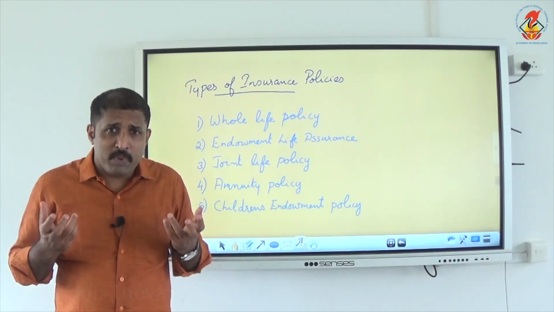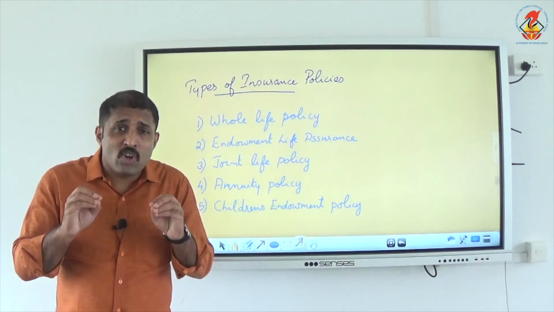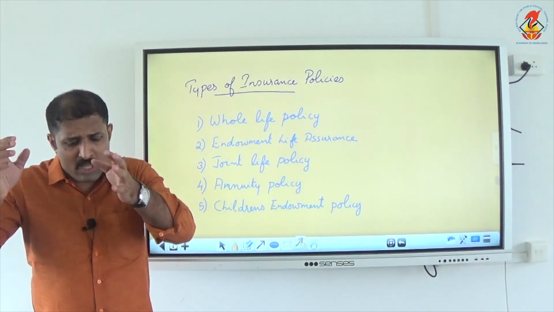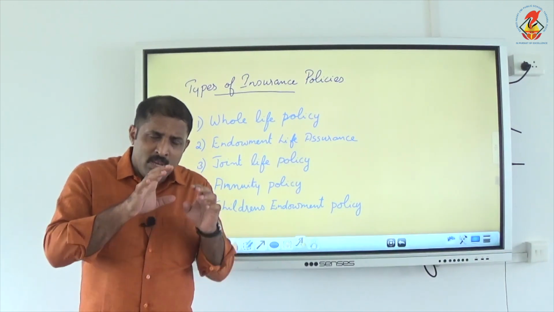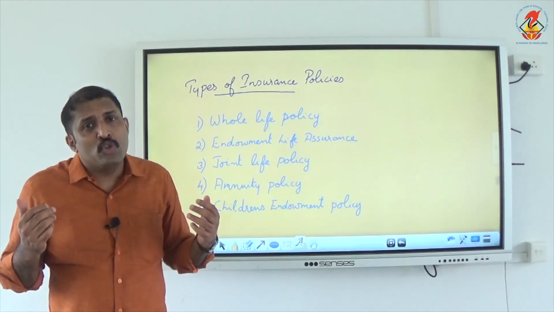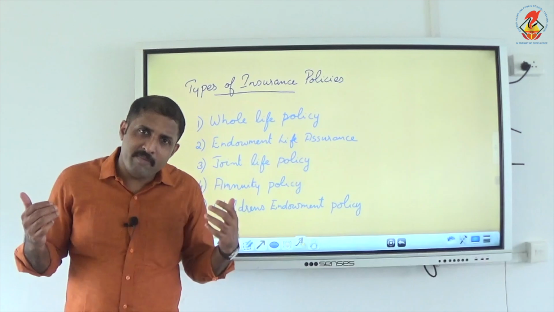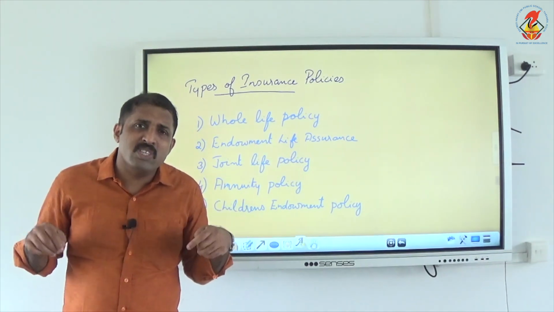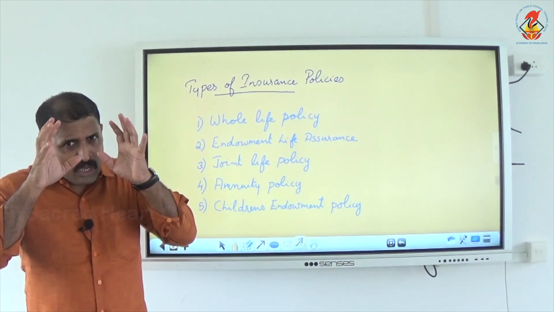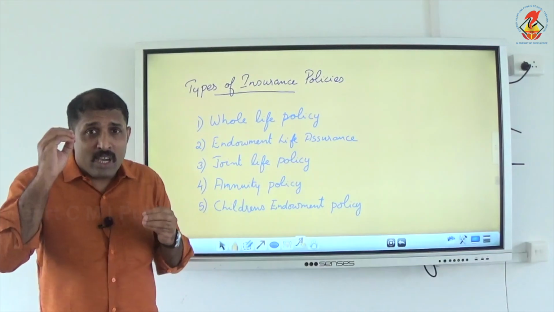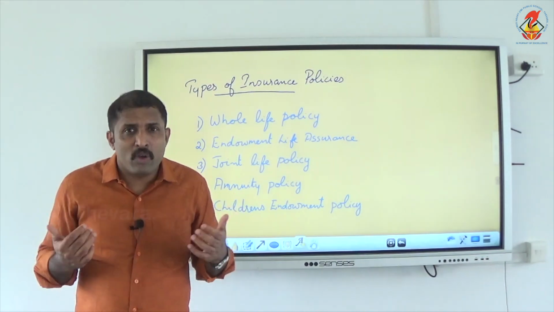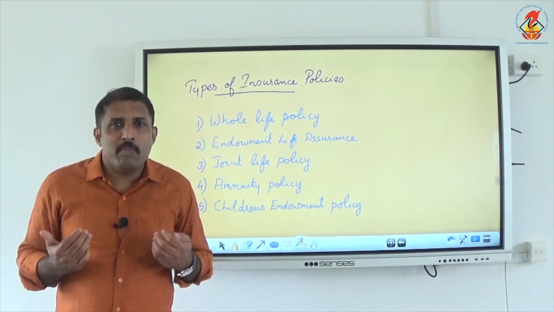that amount is paid in installments to the assured. It can be half yearly, monthly, or quarterly, whatever it may be. So, in installments it will be paid back. The assured sum will be paid back to the assured. It is opted for by persons who want a regular income after a particular age, maybe after retirement.